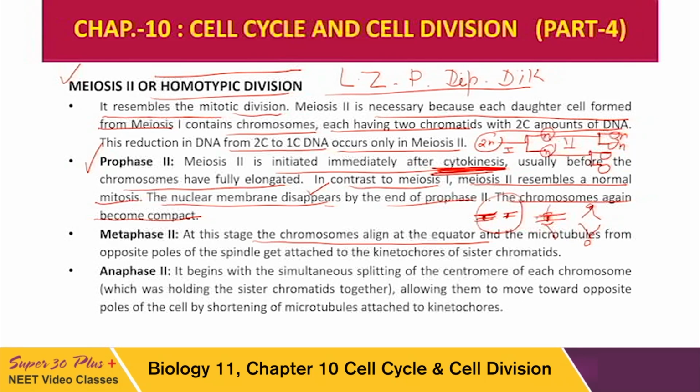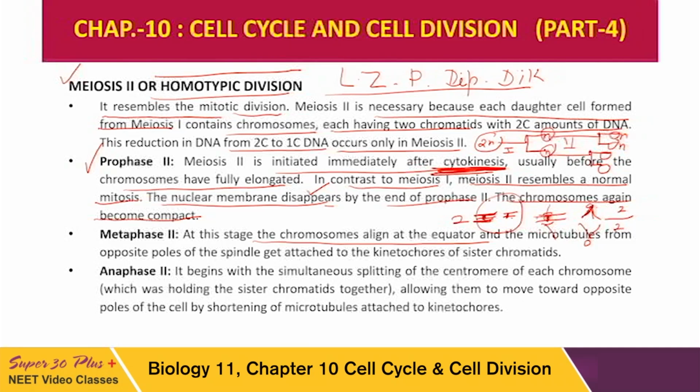Therefore, if the number of chromosomes we have taken here is, let us say, 1 and 2, then in the daughter cell also the number of chromosomes will be 2. Remember, the number of chromosomes is equal to 2, but here each chromosome is represented by a single chromatid, while earlier the chromosome had 2 chromatids. And eventually the amount of DNA will also be halved here.